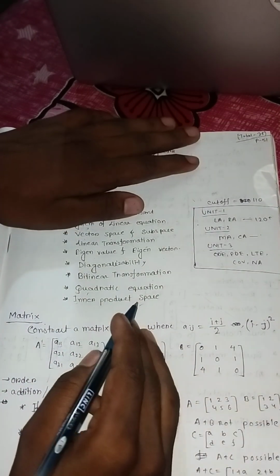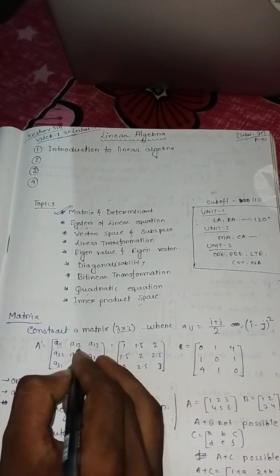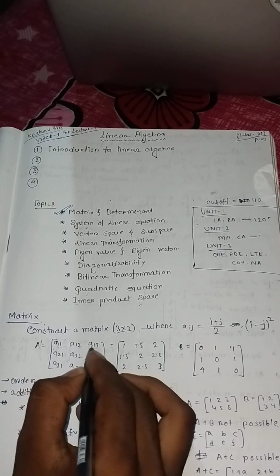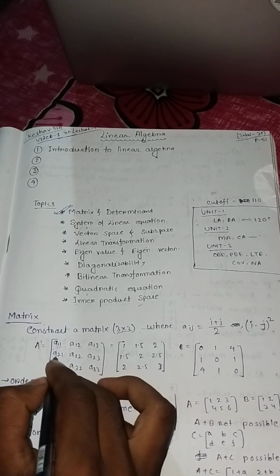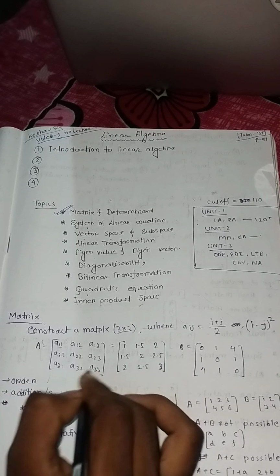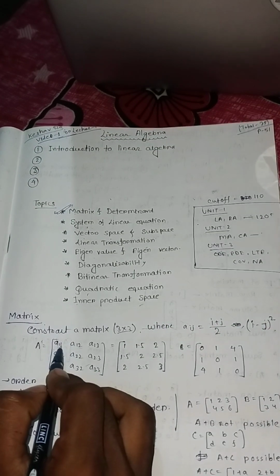That means first row, first column. Similarly a12 is first row and second column. a13 is first row, third column. a21, second row, first column. a33, third row, third column. This is the meaning of i and j: i represents the row and j represents the column.